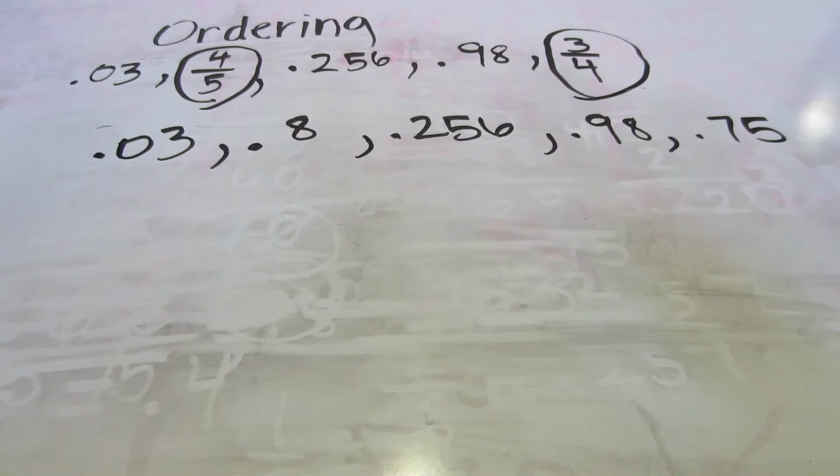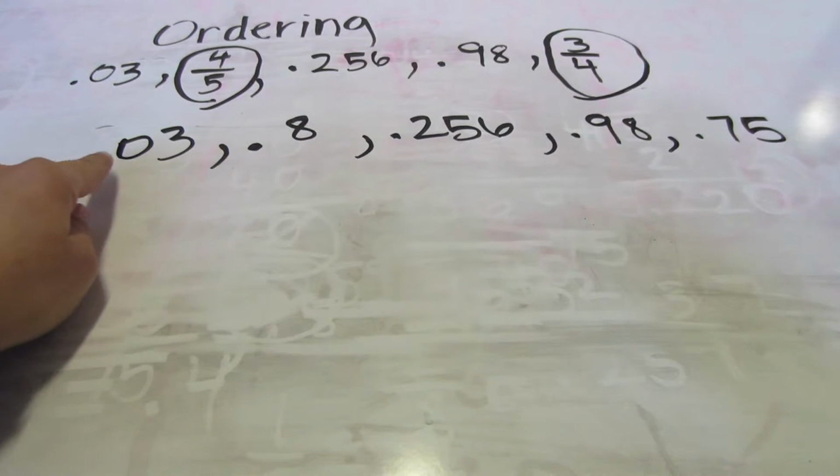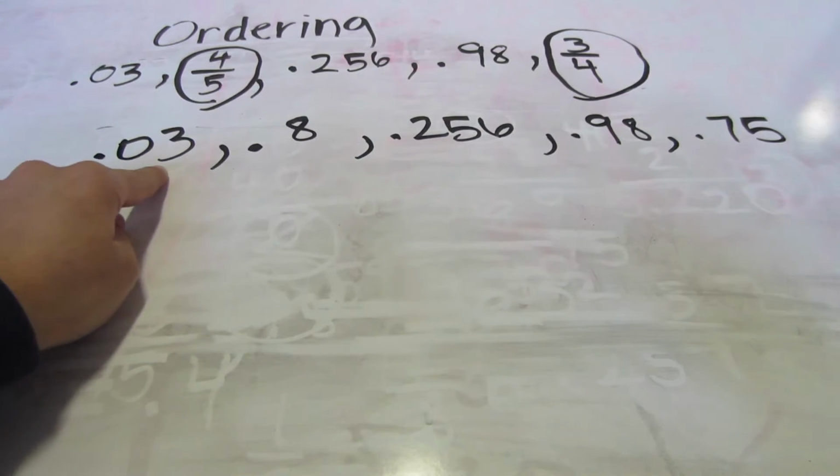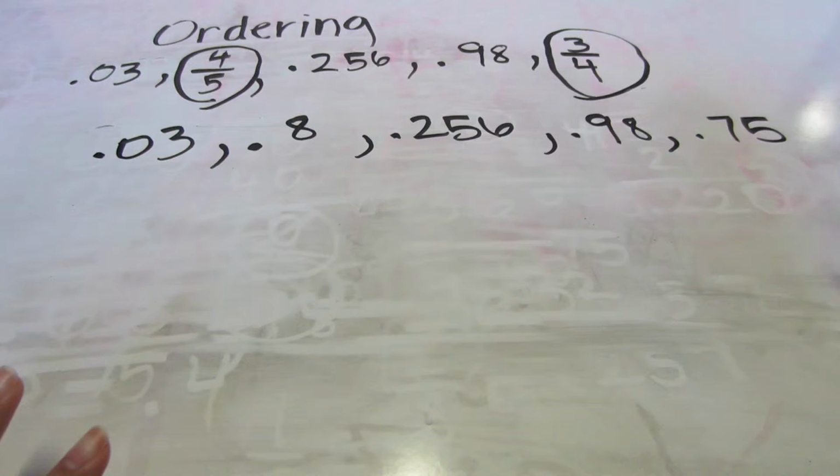So like I just mentioned before, if we want to compare the numbers by looking after the decimal point, we have to make sure that all the numbers have the same number of digits. So let's add a 0 to the other numbers that are missing digits.